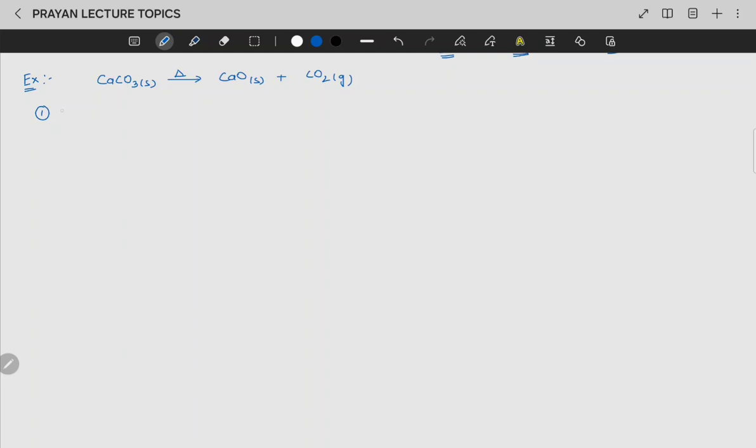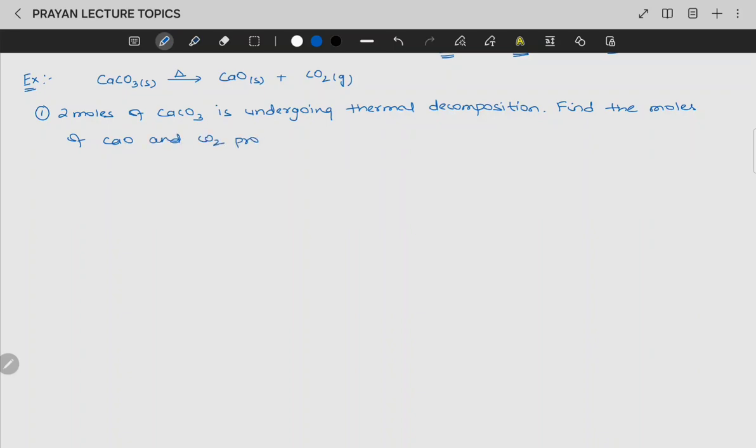They have given 2 moles of calcium carbonate undergoing thermal decomposition. Find the moles of calcium oxide and CO2 produced.